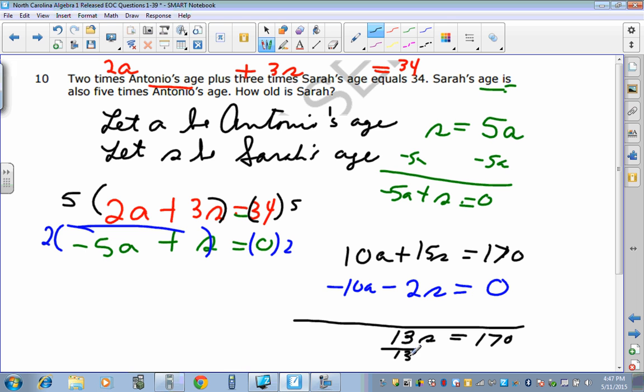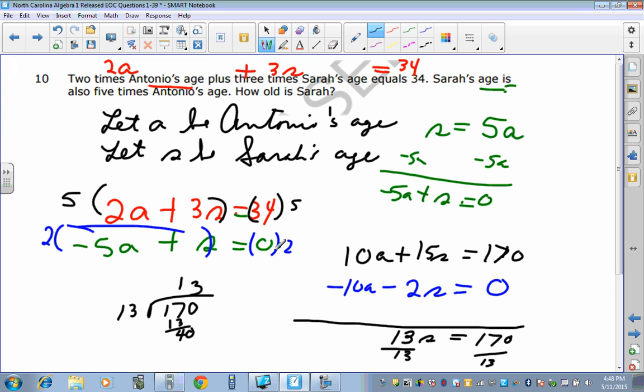Divide by 13. Okay, and I don't think I'm right here.